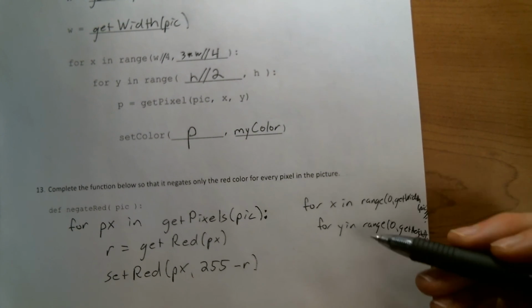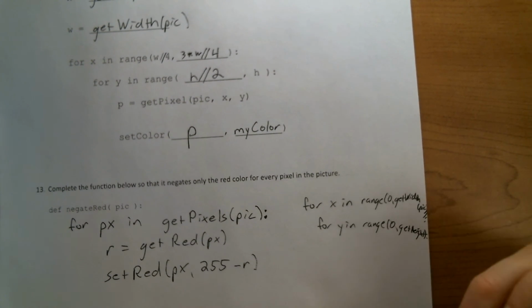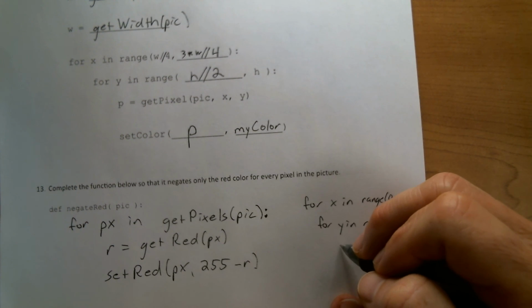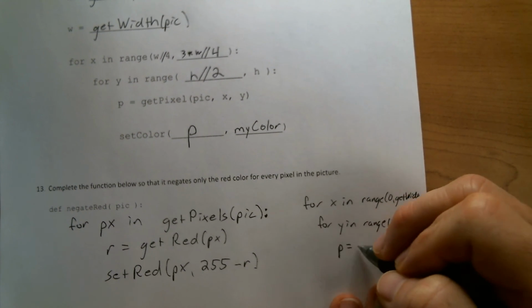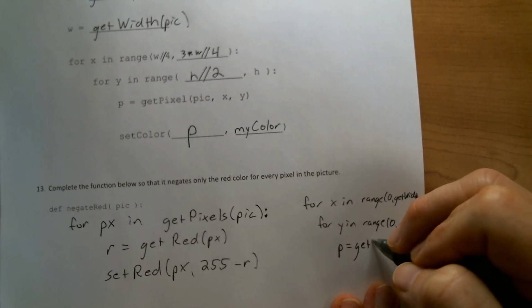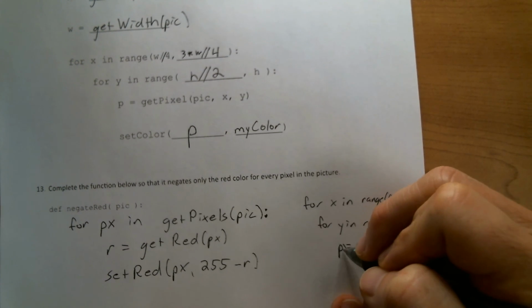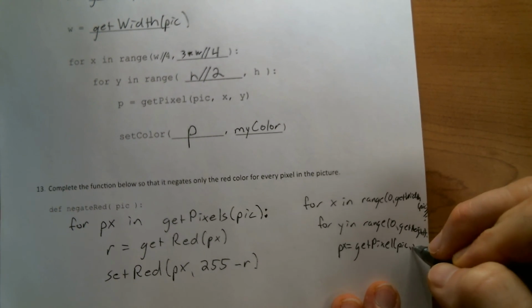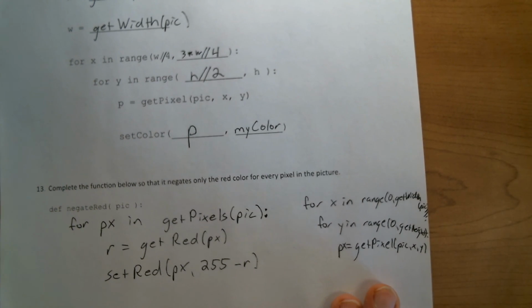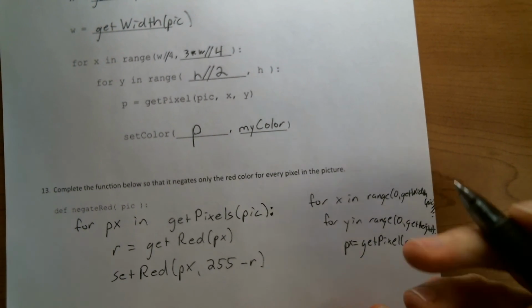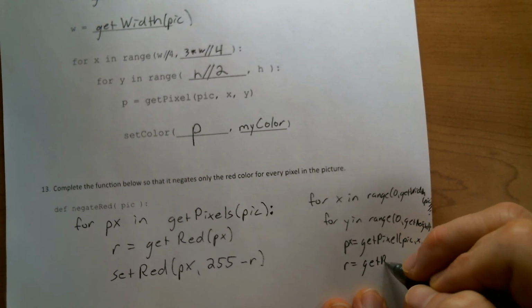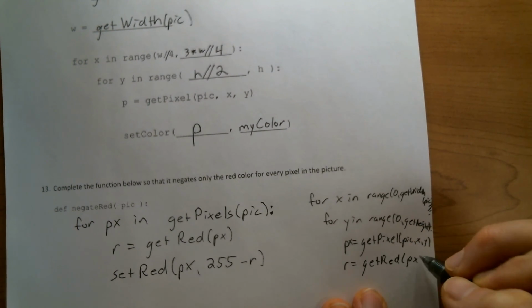So if you do it this way, then you have to actually go and get the individual pixels. So then you'd have to have a line that's like P equals get pixel, or why don't we use PX so that we're using the same thing? Get pixel from pick X comma Y. Once you've retrieved the actual pixel, then you can do the R equals get red of PX.